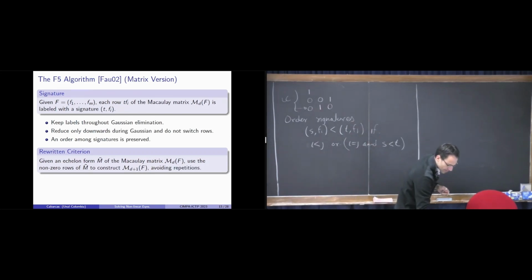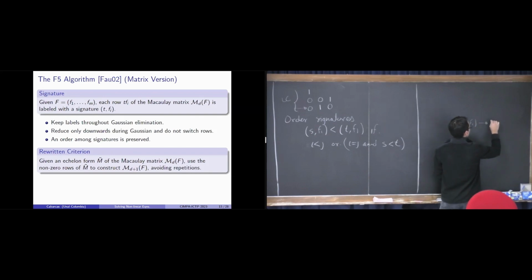So I'll give a quick example here of what I mean. Let's suppose we have a signature here, let's say S Fi, which corresponds to some row in the Macaulay matrix.